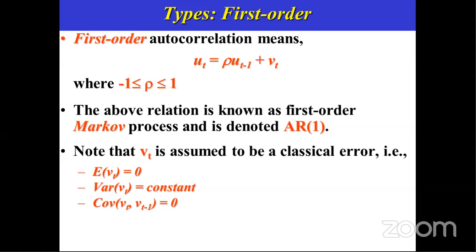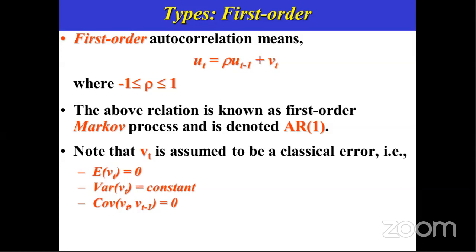Earlier I told you how to define the autocorrelation problem, but how many successive values of the errors are taken into consideration in the calculation of autocorrelation, that number of successive error terms determines the order of the autocorrelation.